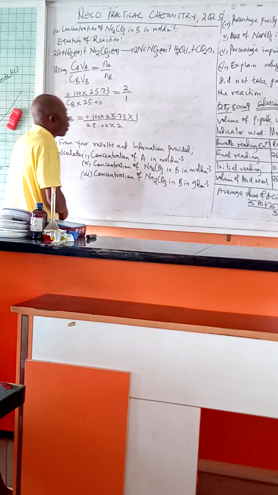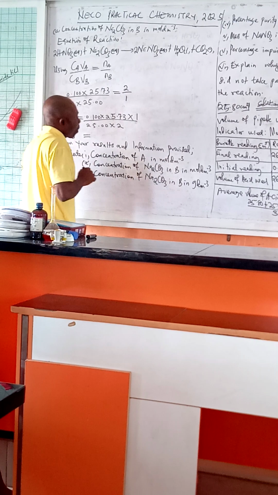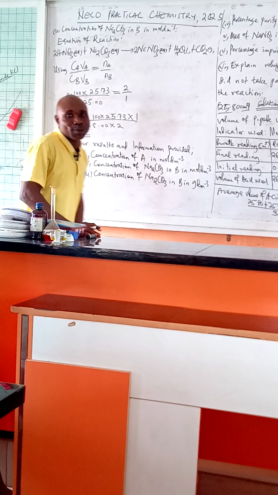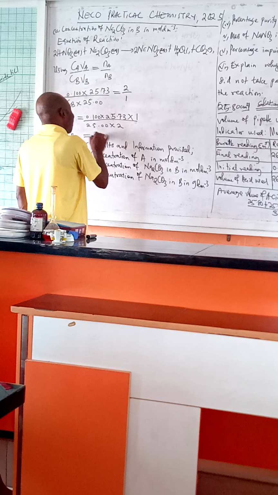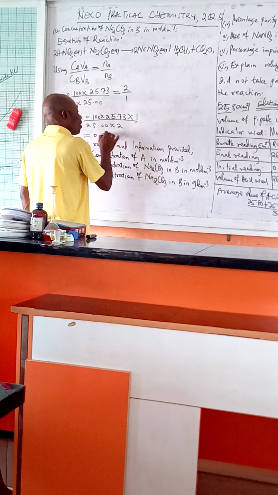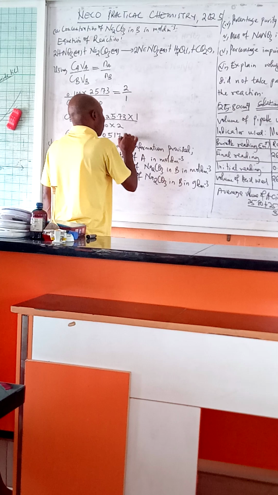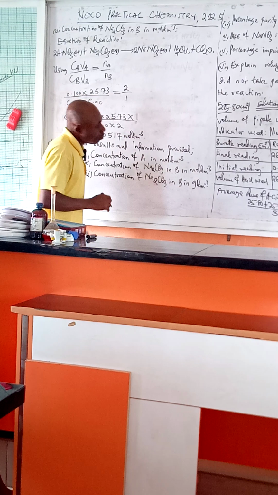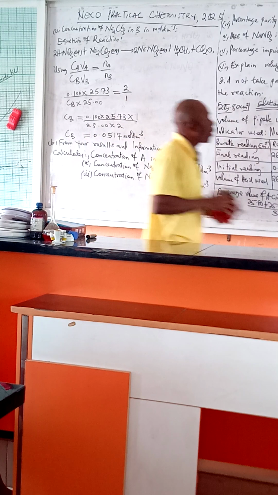Punch your calculator directly, and you get an answer that our Cb is equal to 0.0517. The unit must always be mole per dm³. Question number 3.